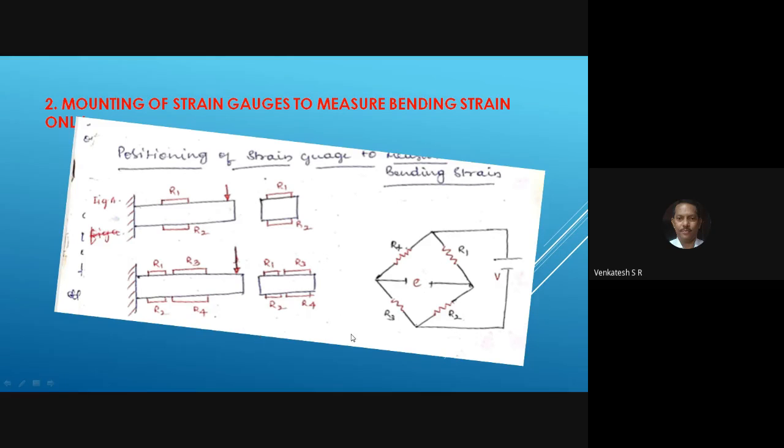Suppose if you use all the four gauges on the beam, you will get a temperature compensation and also you will get an accurate result.